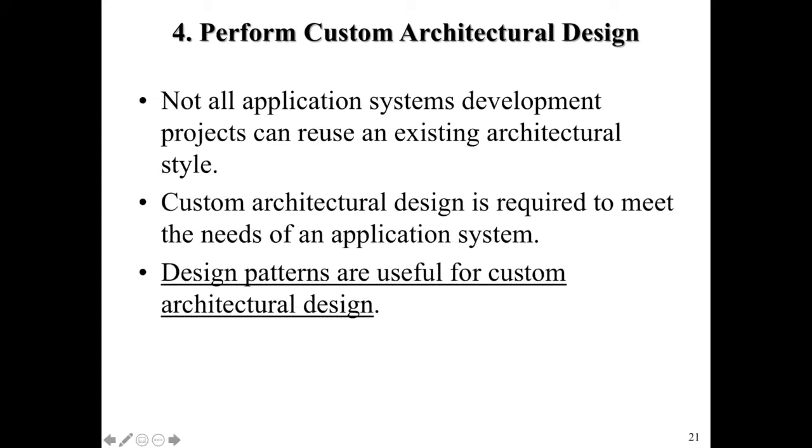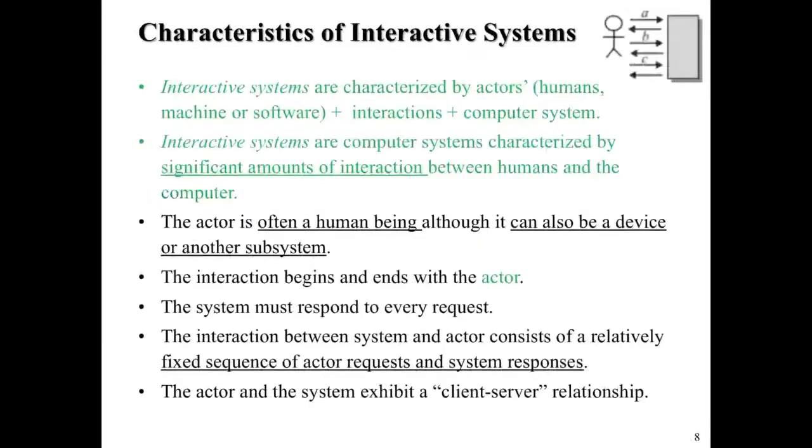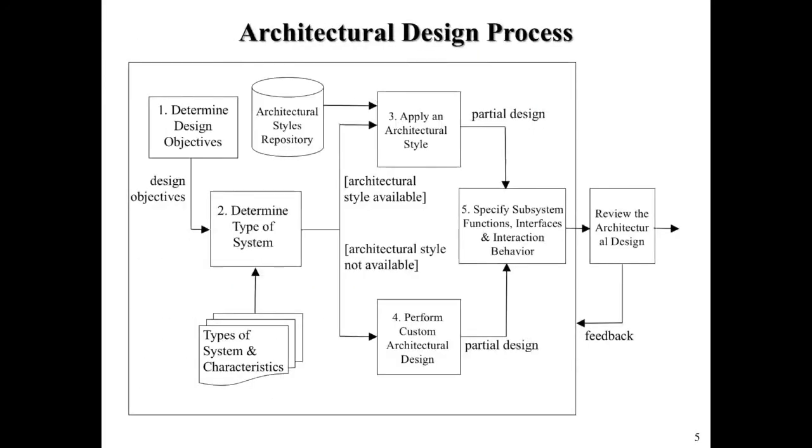Our next step, number 4, let me take you back to our major picture. We are just here at step number 2, determine the type of the system. We saw different types of the systems and their characteristics. Now we are going further to our next steps, number 3 and number 4.